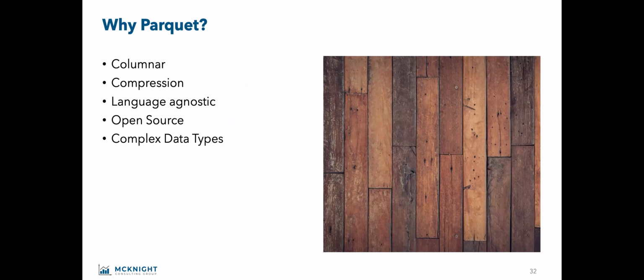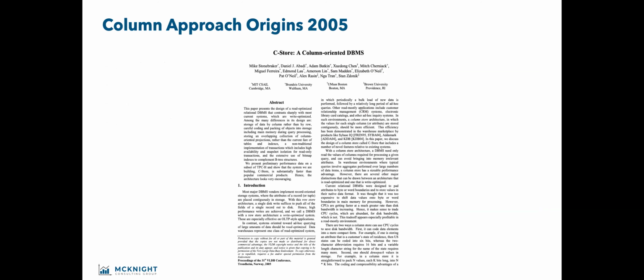Okay, but why Parquet? Parquet is columnar, which gives you great compression. It is language agnostic, open source, of course, and supports complex data types. This goes all the way back to the column approach, which started back in 2005 with C-Store. The last release of that was in 2006, but it lives on with a commercial fork in the form of Vertica.